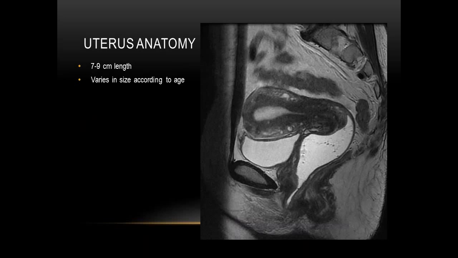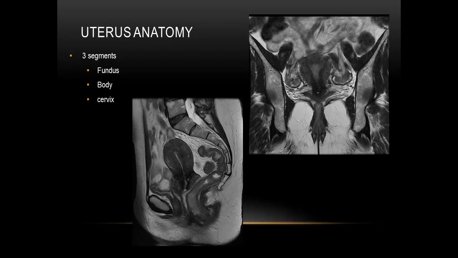So we're going to start talking about uterine anatomy. The uterus varies in length between 7 to 9 centimeters. It varies quite a bit according to age. There are 3 segments of the uterus: the fundus, the body, and the cervix.